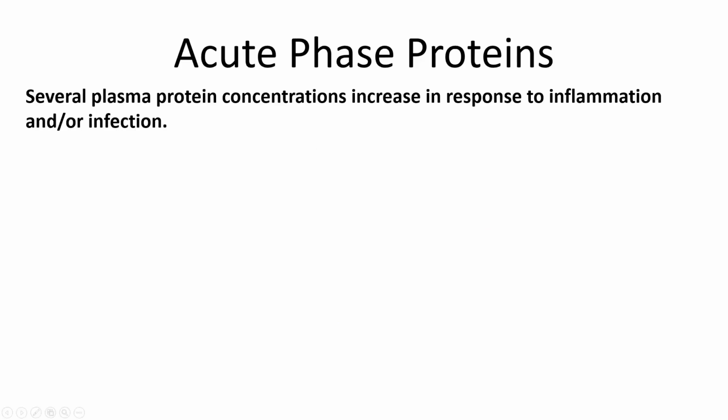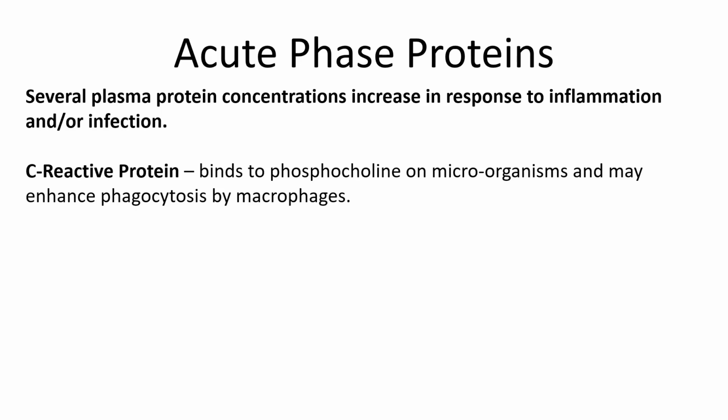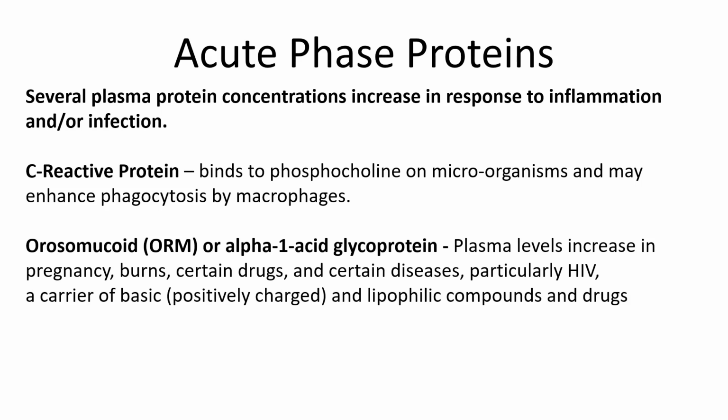Acute phase proteins. Several plasma protein concentrations increase in response to inflammation and/or infection. C-reactive protein is an example. It binds to phosphocholine on microorganisms and may enhance phagocytosis by macrophages. Orosomucoid, also known as alpha-1 acid glycoprotein.